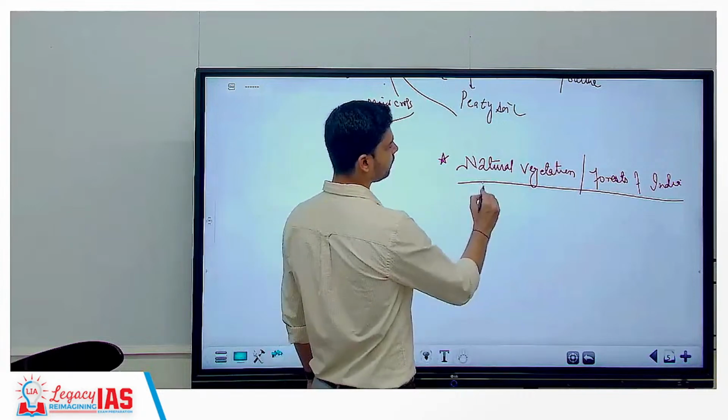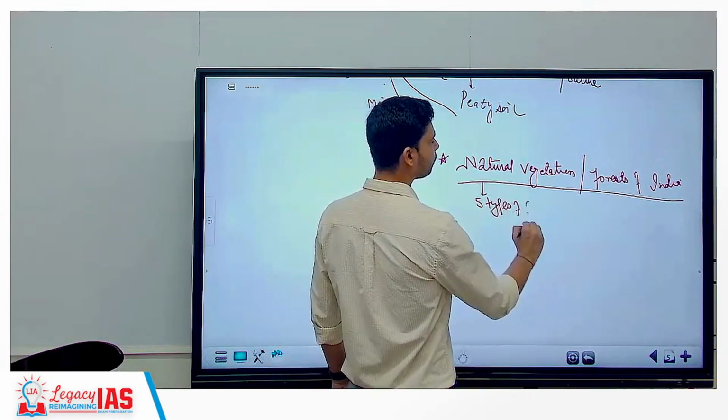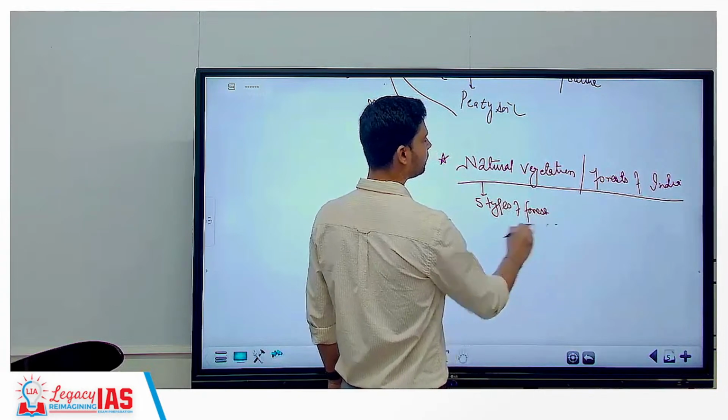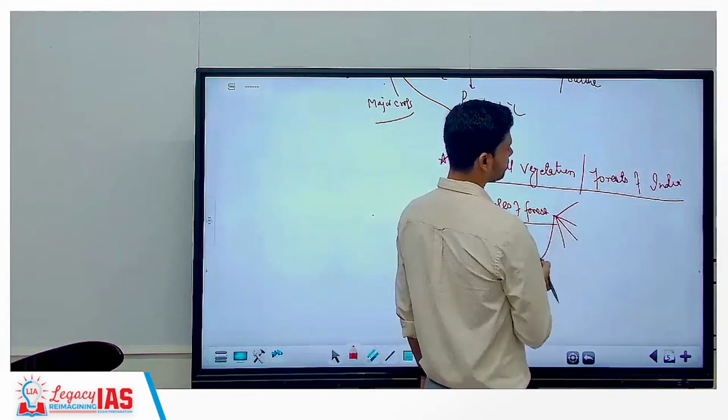Total 5 types of forest we have. We'll discuss that later. 5 types of forest we have in India that we will study in detail. These have subtypes also, but 5 types means you can write.